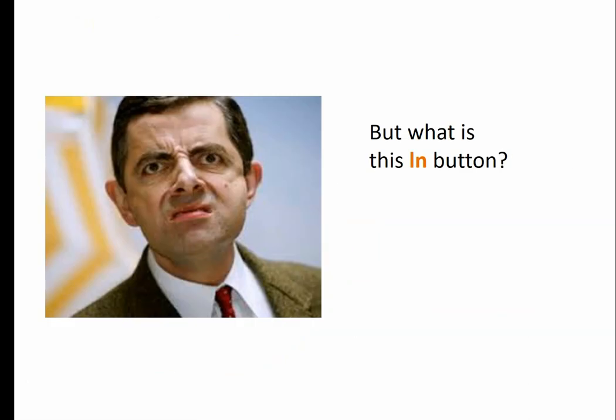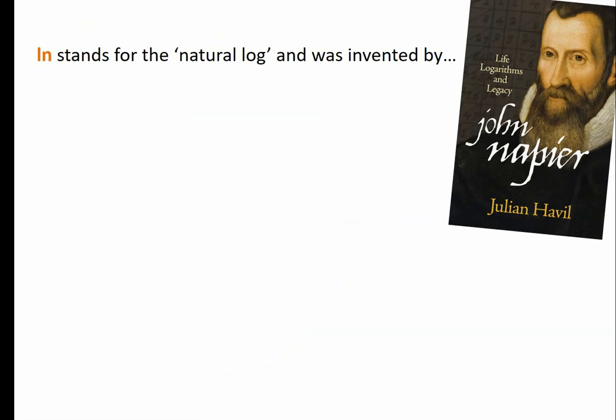But then you should see on your calculator, there's a ln button, which stands for natural log, log natural, maybe. And that is invented by John Napier. Okay? And what he said is if you take the log of a value, but to the base e, we have to use natural logs.